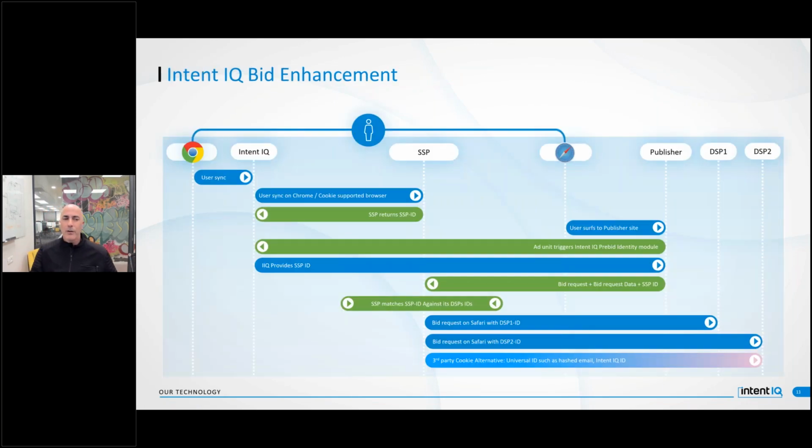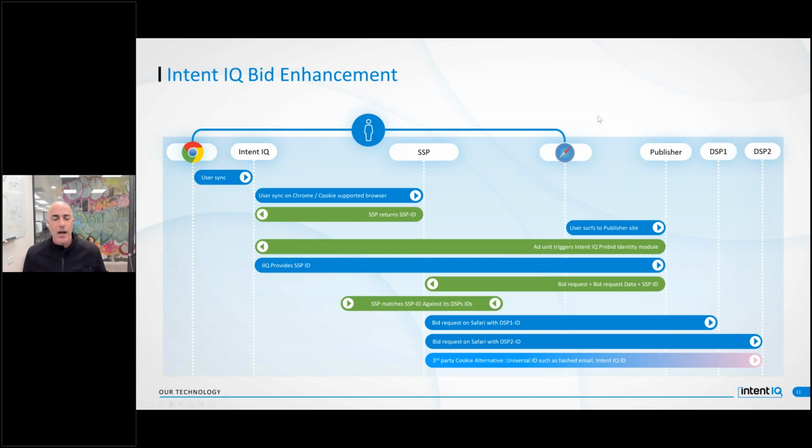So how does the bid enhancement actually work? That's going to be the interesting part, because what we're doing here is actually trying to get this amazing identity engine that works behind the scene, but try to get access where it's needed in a very simple and easy to integrate way.